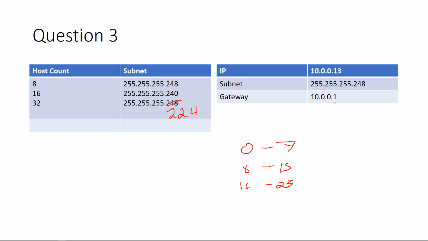Our gateway is a 1, so that's in the first group. Our IP is in the second group. That lets us know, wait, they're not in the same network, something is wrong. We either have to update the gateway to be in the same group as our IP, or update our IP to be in the same subnetwork as our gateway.